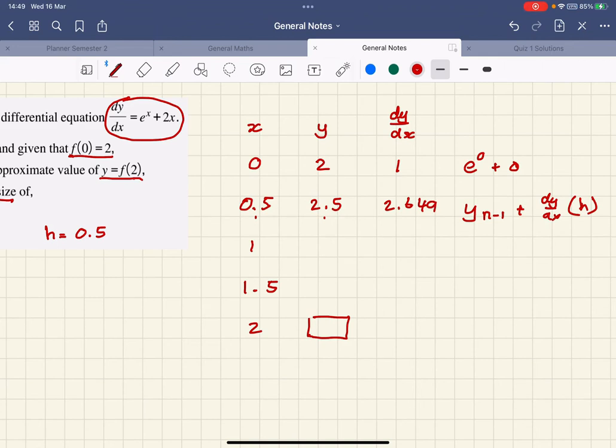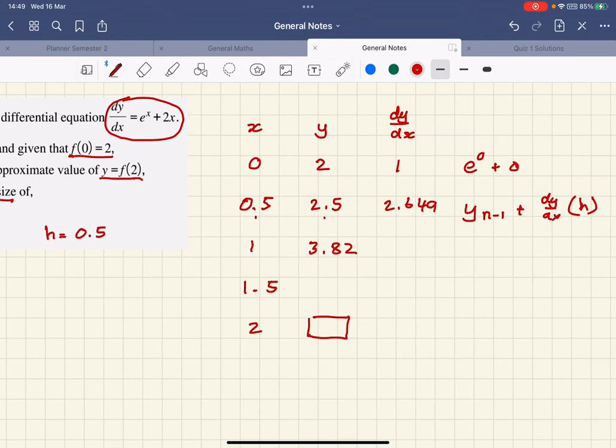Now I repeat what I've just done to get my next y value. So I take 2.649 and times it by a half, and then I add on the 2.5 from here. So half of this value, add on this value here. And when I do all that, I get to 3.82.